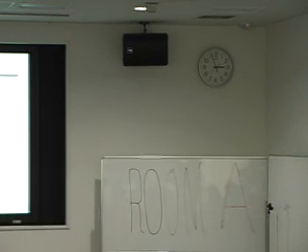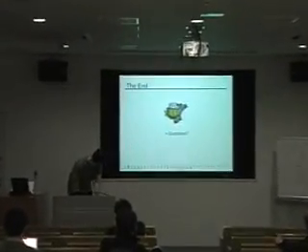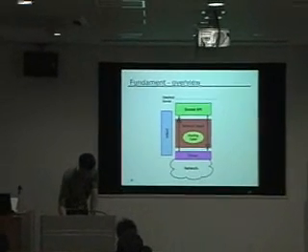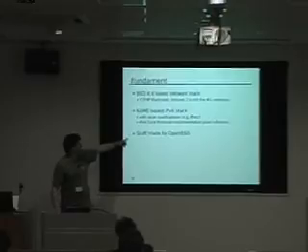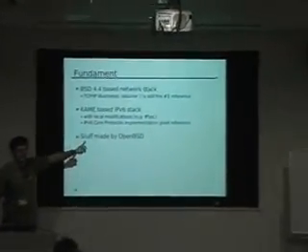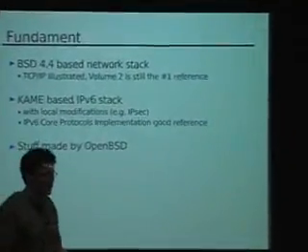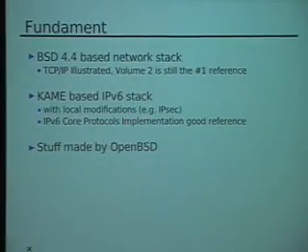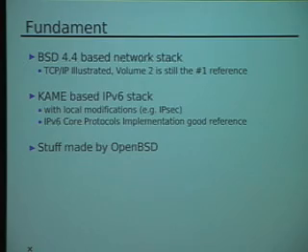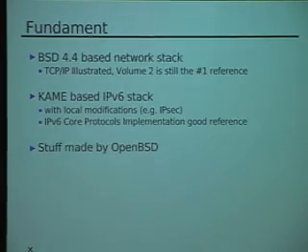What the name is? It's the IPv6 core protocol implementation book. There he explains how the KAME code was implemented and what's the reasoning behind that. So that's also a very good book. Thanks a lot.